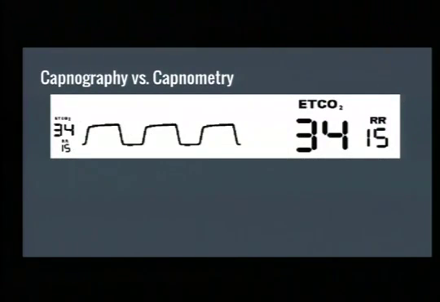And we have capnography versus capnometry. Capnography is your nice waveform, and you need to understand what is happening at each part, which we'll go through. Capnometry is just the number. Some monitors will give you both; some monitors will only give you a number.